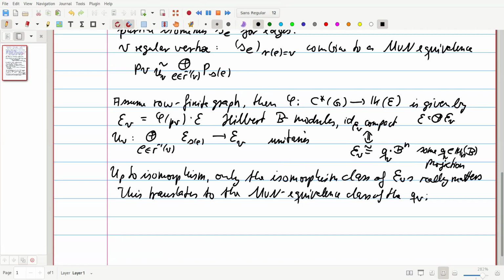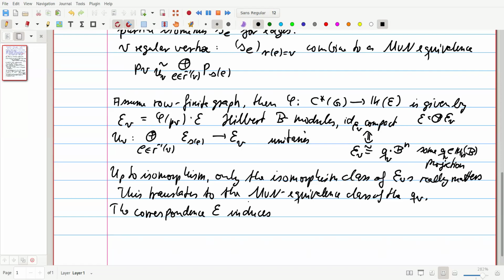Okay, and this now leads us to the first invariant that would describe a correspondence. So the correspondence E always induces, I should maybe say a proper correspondence, which I assume from now on. So all my correspondences are proper, meaning that the left action is by compacts.